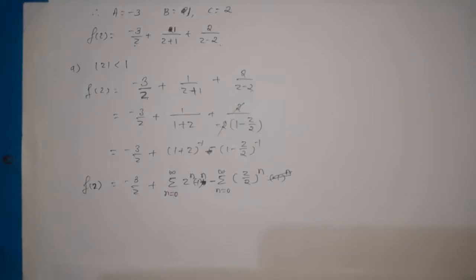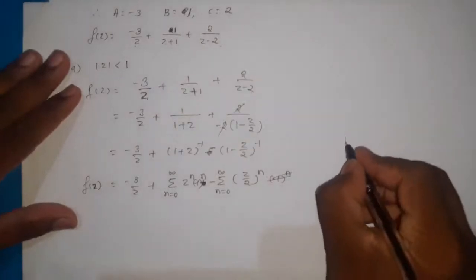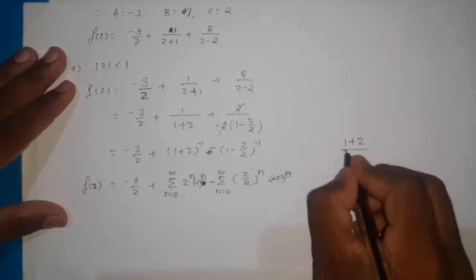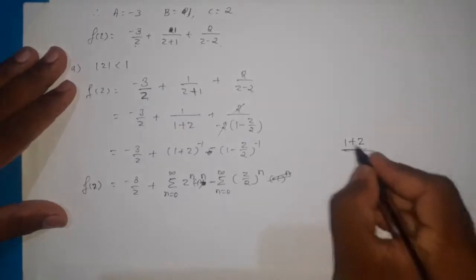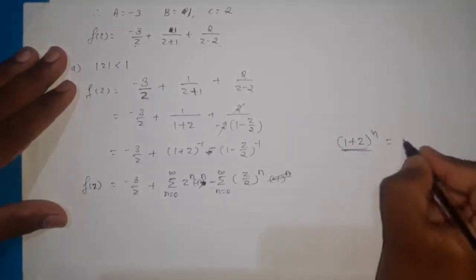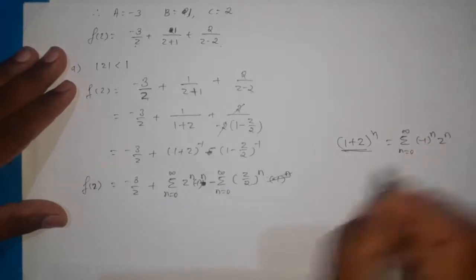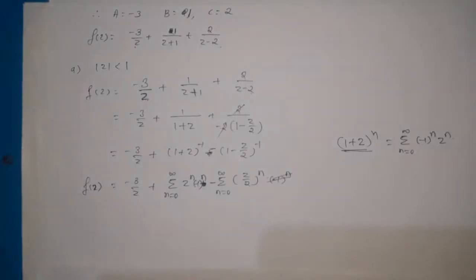In the previous examples also, mostly I forgot to tell that whenever the 1 plus z form is there, while writing the summation form of this one, write this as summation over n equal to 0 to infinity minus 1 whole power n z power n. Remember that. Mostly in the previous examples also I have made this mistake.